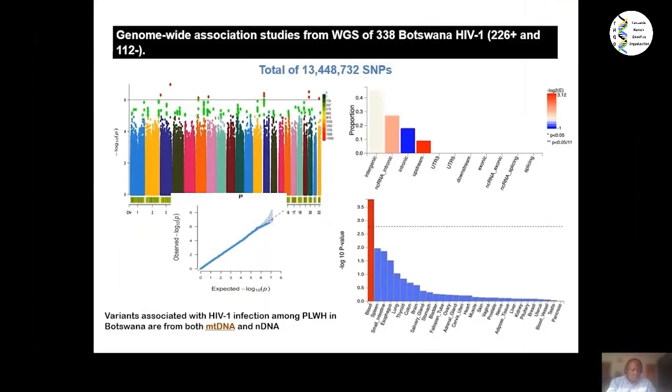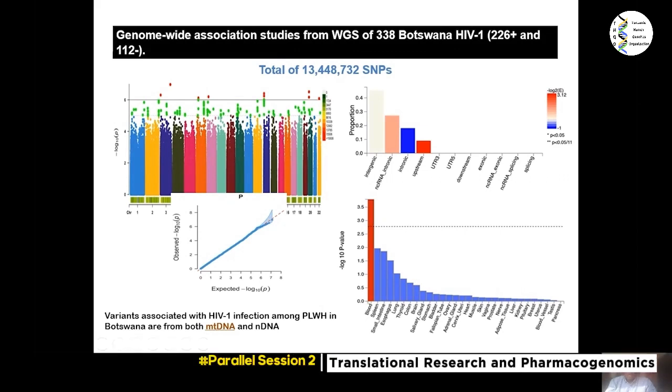We conducted a GWAS on that and found some SNPs at the level of genome-wide significance. All of those SNPs are expressed in the blood, and they are located in intergenic regions of the genome, precisely in mtDNA and nDNA regions.